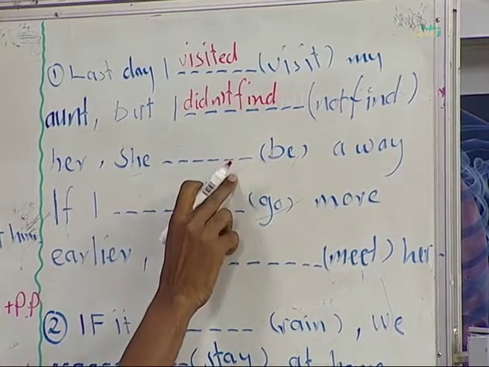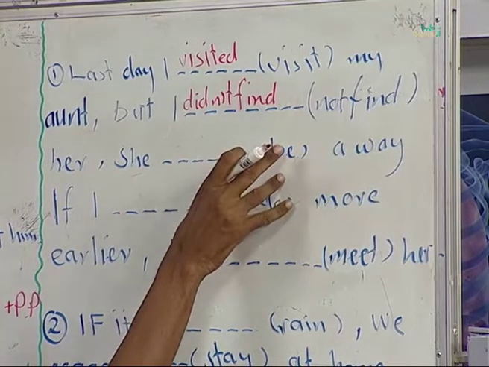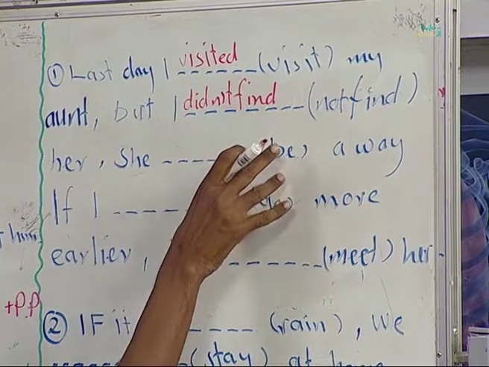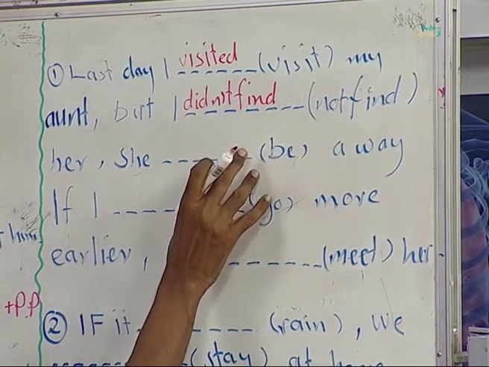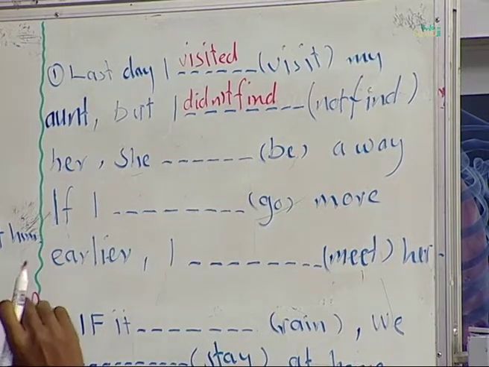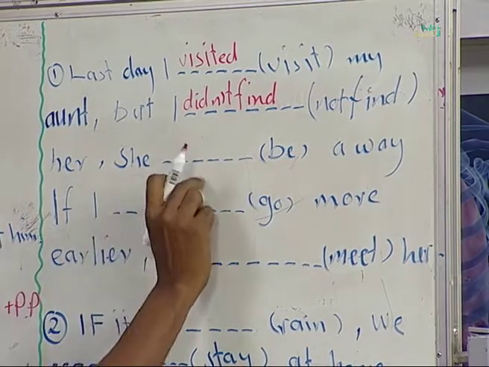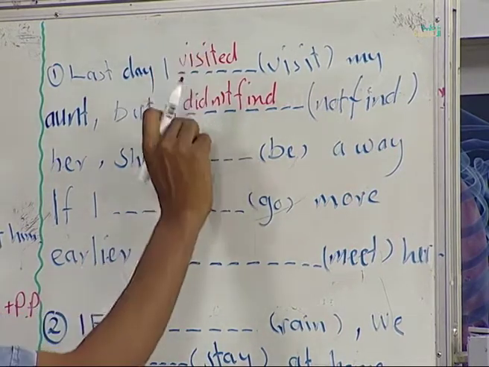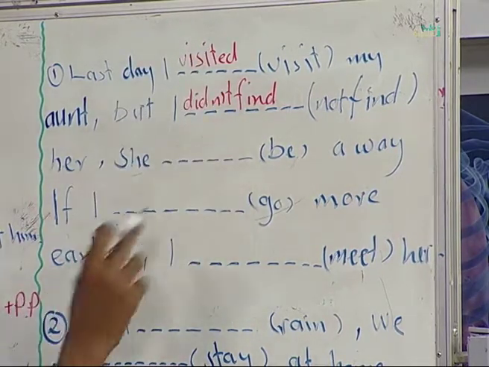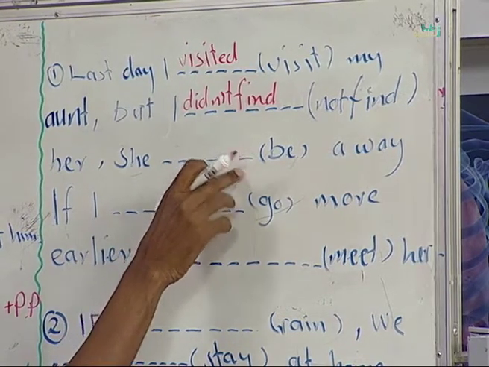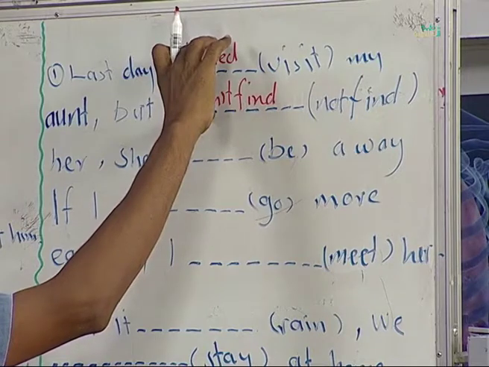The most important thing here to solve this is to remember and go back to the past perfect tense. This means that this action preceded the other two actions, so it happened before them.